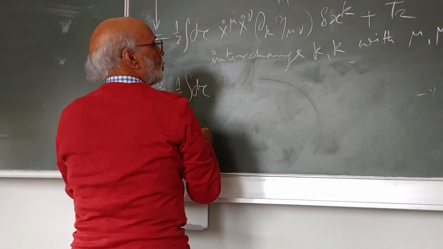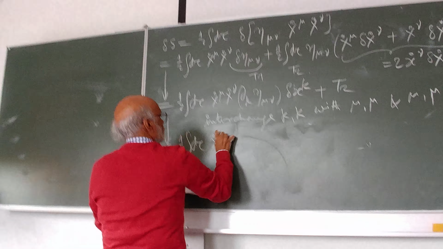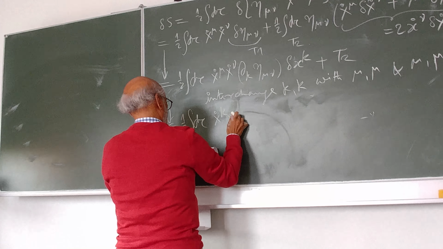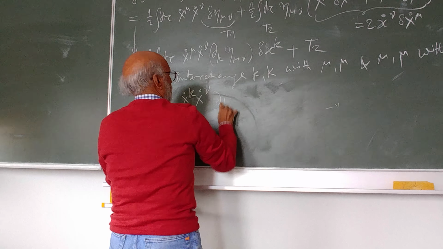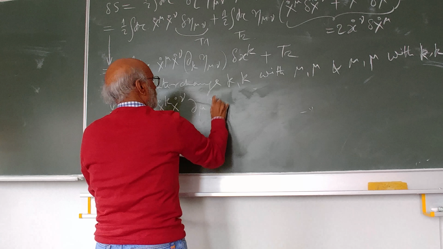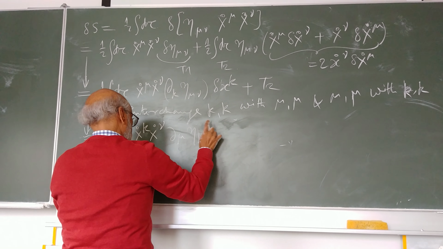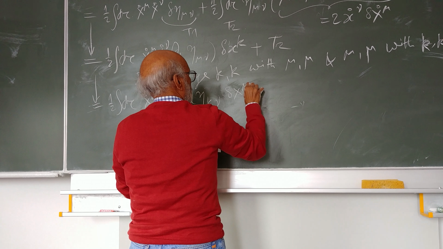1/2 d tau, xk dot x nu dot times del mu eta k nu times delta x.